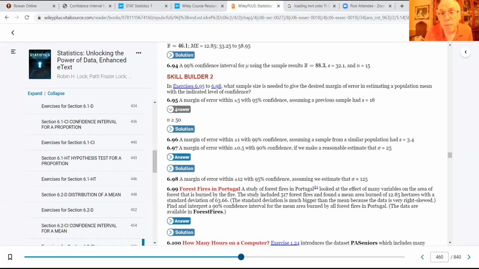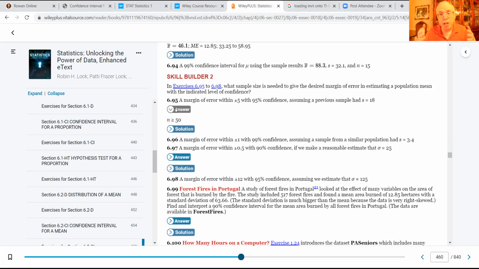That means the minimum sample size is 50. You can certainly have more than 50 if you want, but if you want 95% level of confidence and you want your margin of error to be 5, you need at least 50 people in your study, or things in your study, whatever the sample is about.